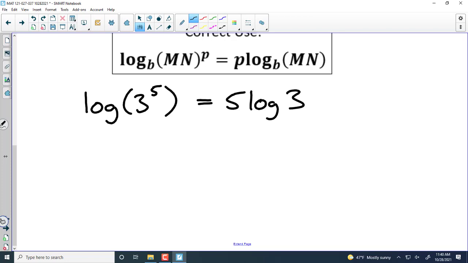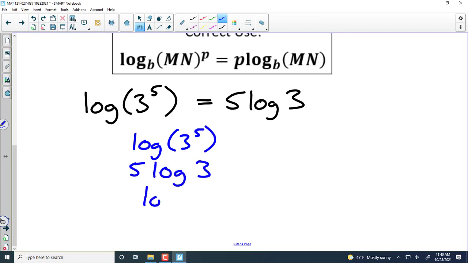Those two things are supposed to be exactly the same. Which means, everyone, if on your calculator you do log of 3 to the 5th, or you do 5 log 3, or you do the log of 243, that's 3 to the 5th, all of these should give you the exact same decimal.